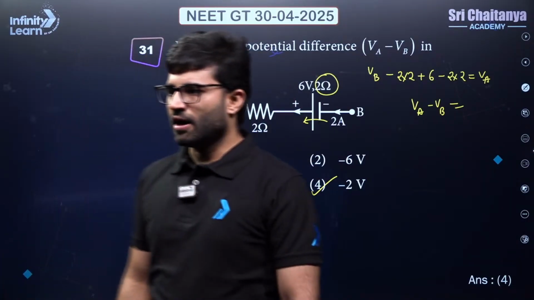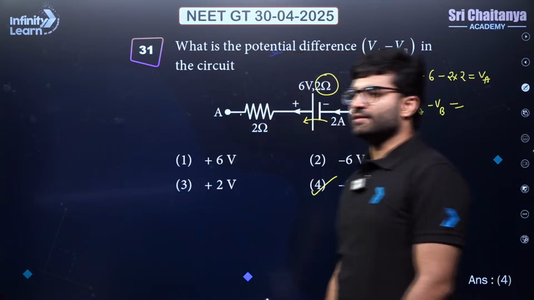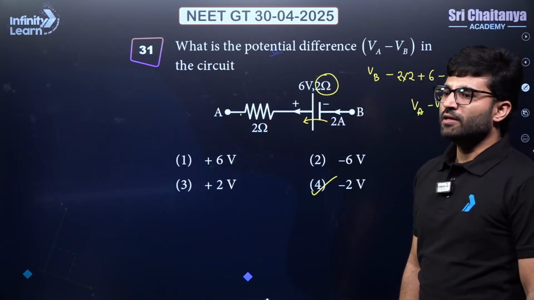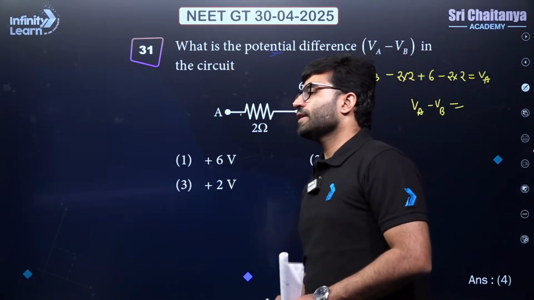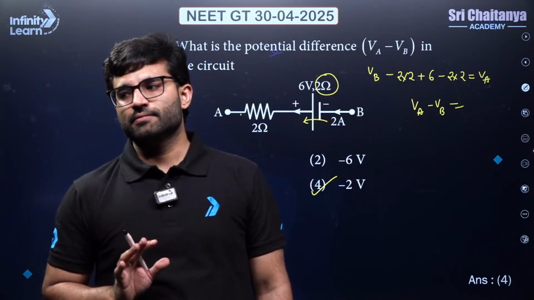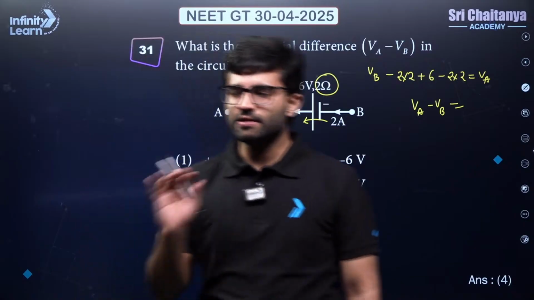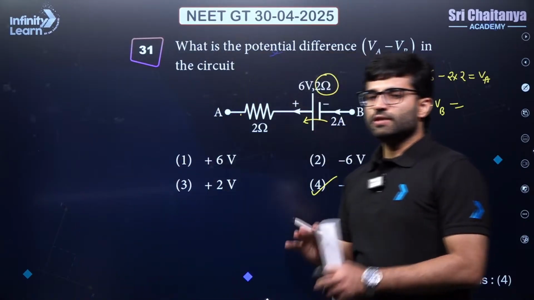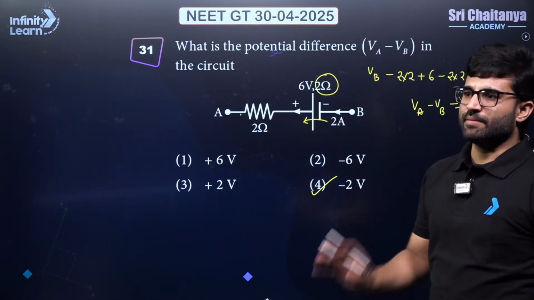Madhvi is asking, sir, how do we do equivalent capacitance type problems easily? So Madhvi, the capacitance problems are the same as resistance problems. If you know how to do resistance, the same has to be replicated here. Exactly the same.